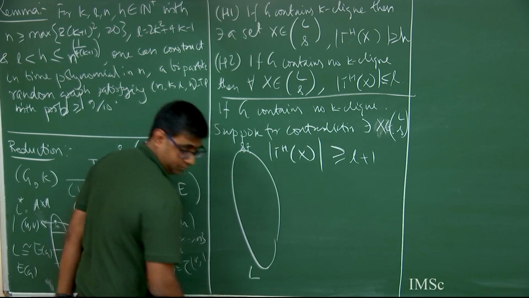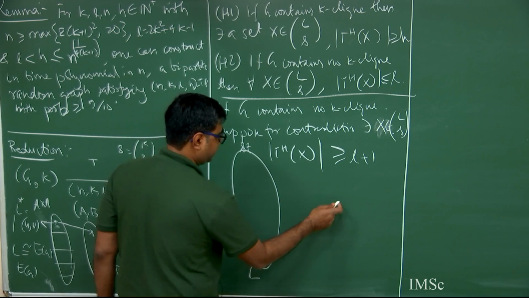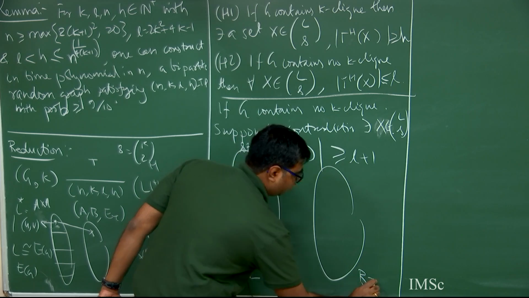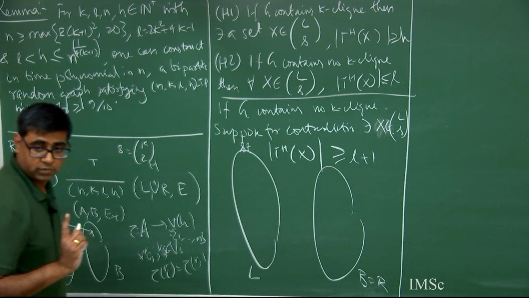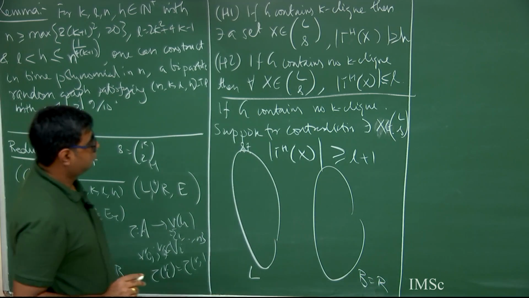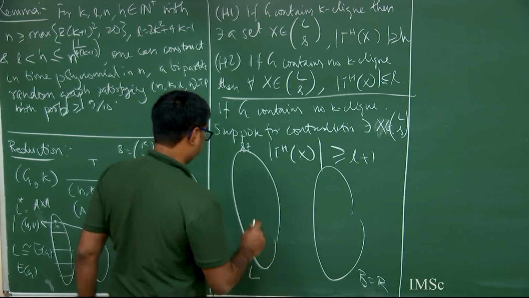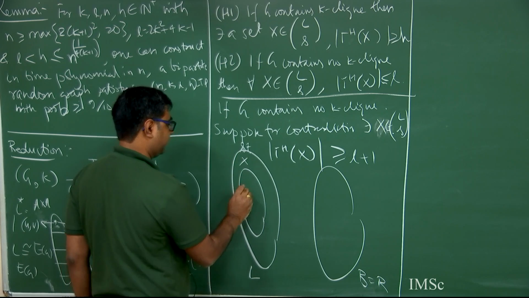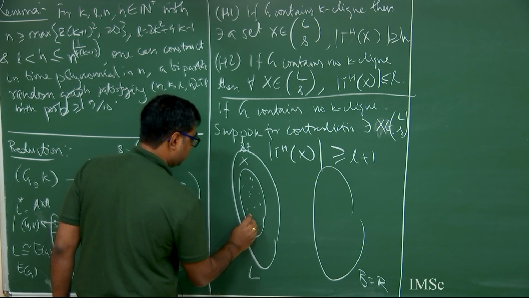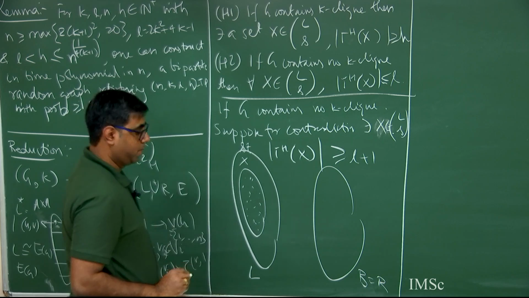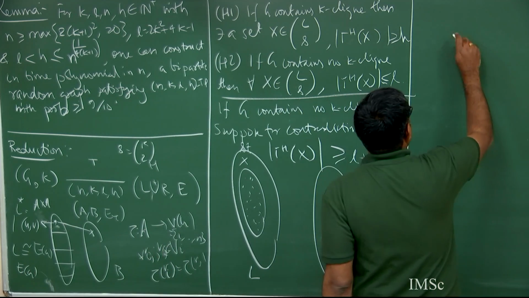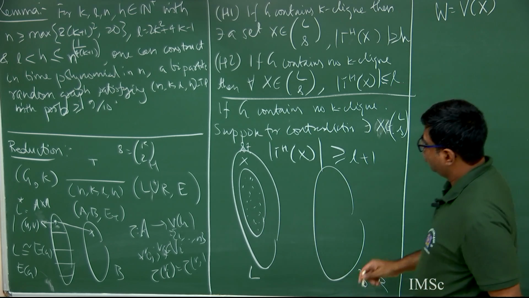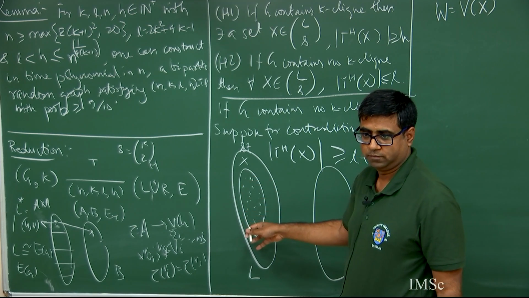Look at your L, and look at your R, which is actually equal to B. Now I have X in L choose S. Here is my X. Let W be equal to V of X, meaning all those endpoints which are here.